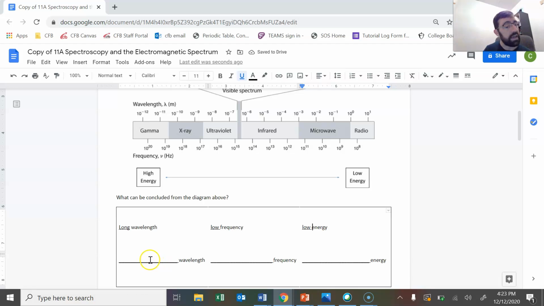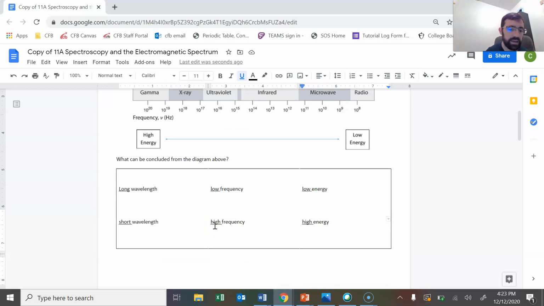On the other hand, if we have a short wavelength, we're going to have high frequency and high energy. It's important to recognize the relationship between wavelength, frequency, and energy. So if we have long wavelength, we have low frequency. Those are inversely related. Energy is inversely related with wavelength, and frequency and energy are directly related. So make sure that you recognize that.